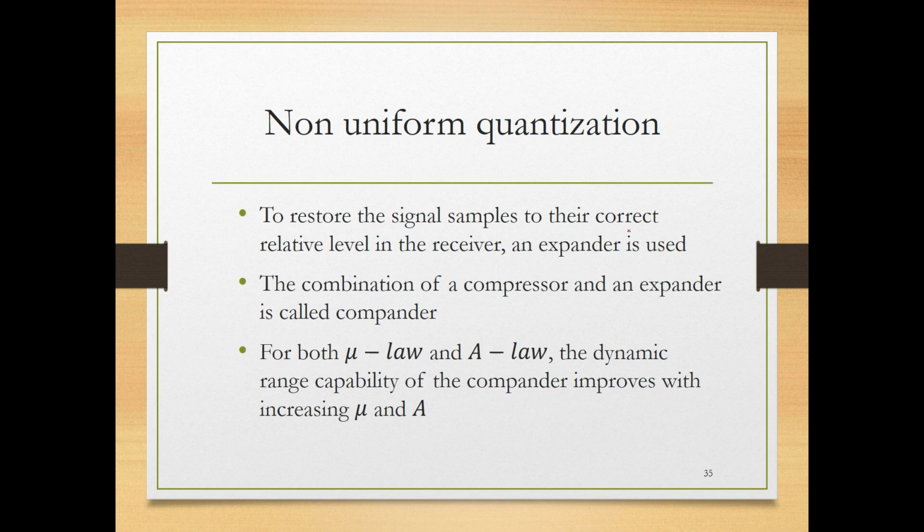Consider the compression equation as the channel. To remove the effect of this channel at the receiver, you need to normalize it, equalize it, remove its effect. To remove the effect of the quantizer, we use an expander. An expander is the opposite of a compressor.